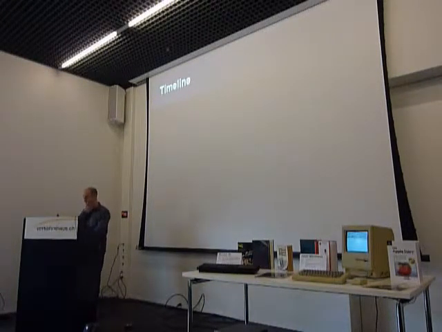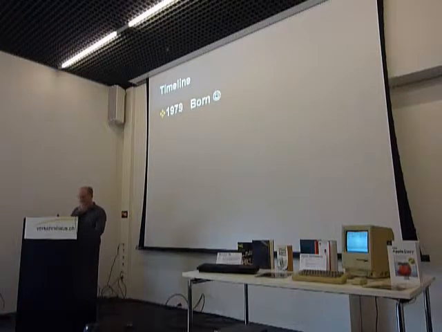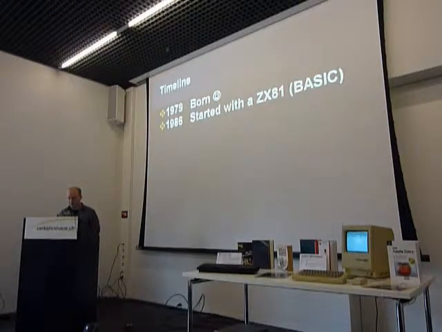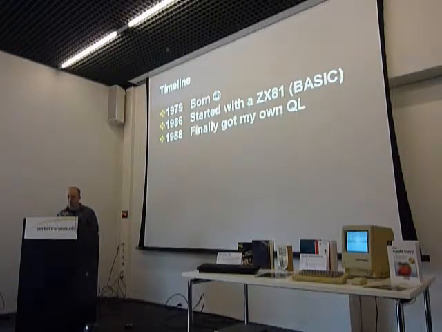The timeline of QPC. 1973, not QPC, but I was born, so for the mathematicians among you, I'm 43. 1986, I started with ZX81 Basic. About 1988, I finally got my first QL.